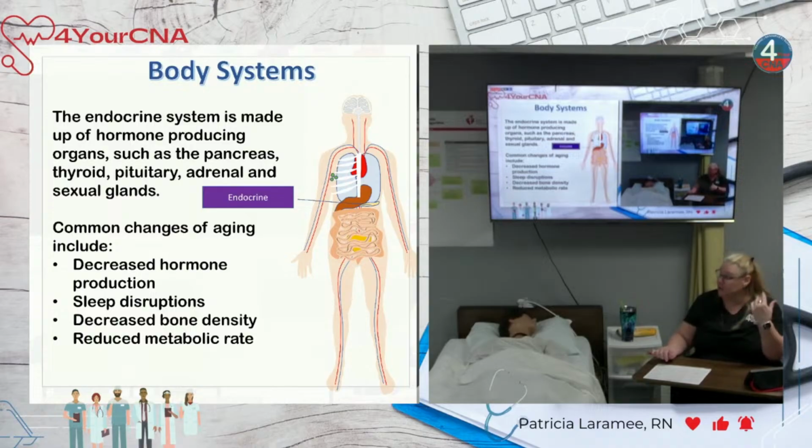Your cells need that fuel, but the fuel needs to get into the cells. And that's what insulin does. Well, if our pancreas is old and not working well, our cells aren't going to get the fuel they need. So the cells aren't going to be able to function well. Starting to see how old age is just no fun. Nothing is going to work right.